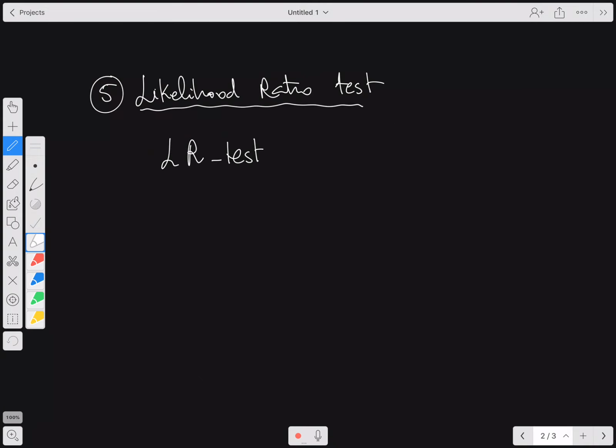So basically the likelihood ratio test would be equal to the log of, let me call this one f. Again, notice that it's not log f, it's f. So this is the likelihood function, not the log.